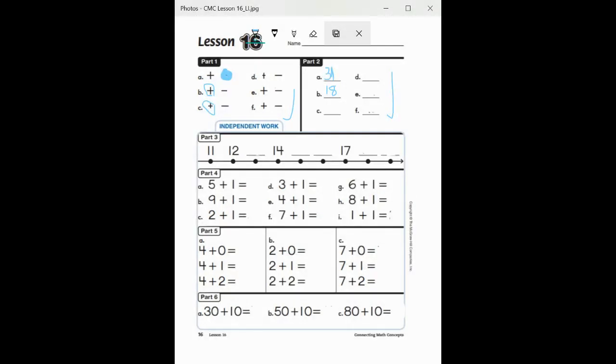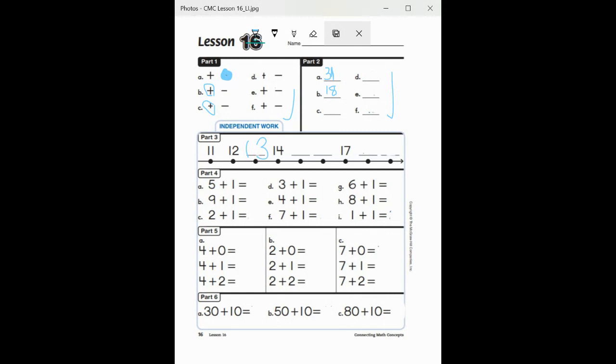Part 3. This is a number line for teen numbers, but some of the numbers are missing. What's the first number that's missing? 11, 12, 13 is missing. 14.